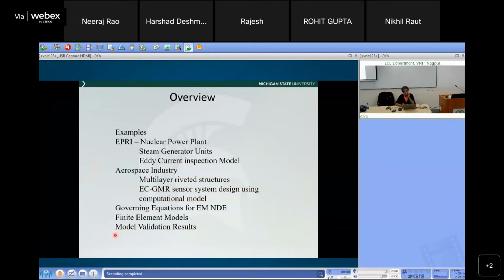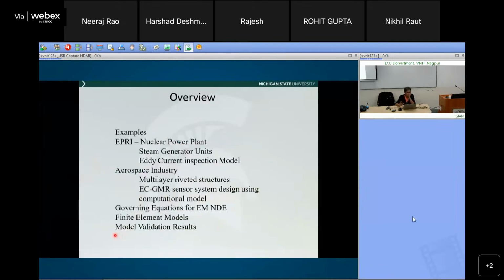Okay. So in this talk, basically, we are going to talk about 2 examples, 2 ongoing projects. The first one is mostly on modeling, developing a simulation model for the power reactor people. This is, as we already saw, steam generator units, heat exchange tubes in SG units, and eddy current inspection models.